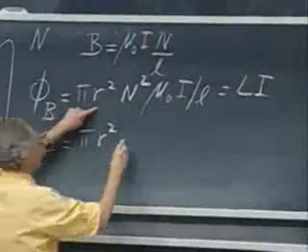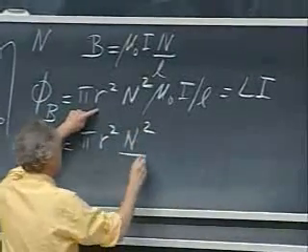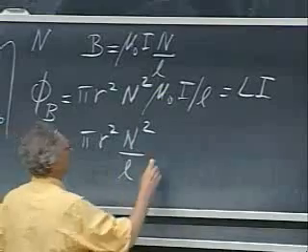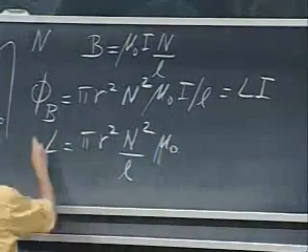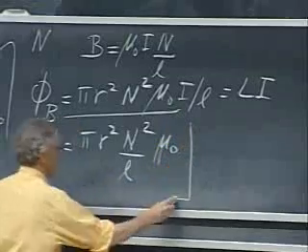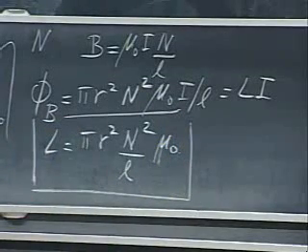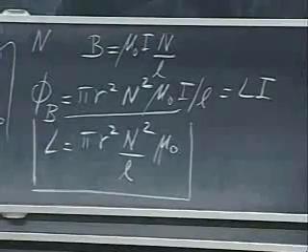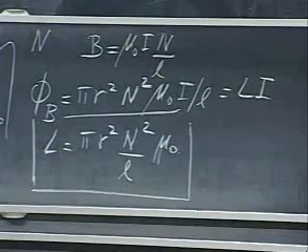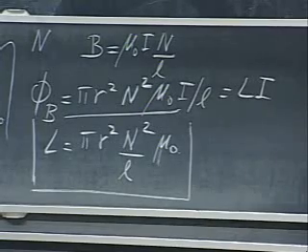It's pi little r squared, capital N squared, divided by little l times mu0. Let me check this. Pi little r squared, I have a capital N squared, mu0. That's correct, divided by little l.